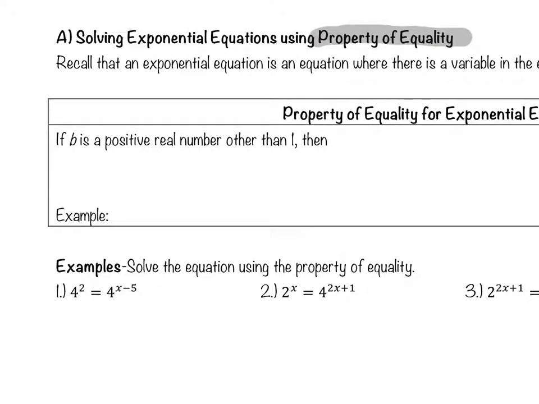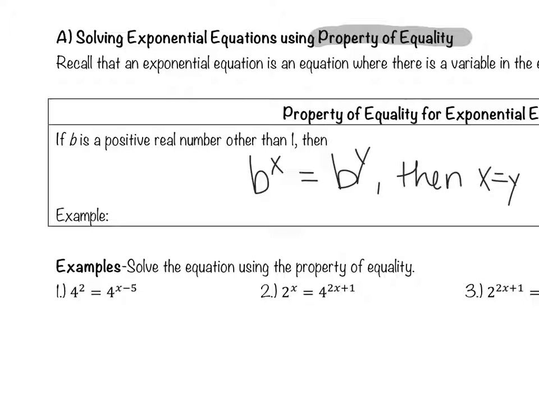Basically, the property of equality of exponential equations states that if you have the same base of an exponential equal to the same base of another exponential, so b to the x equals b to the y, where both sides have the exact same base, then x just equals y.